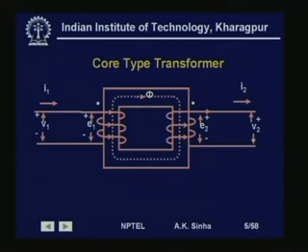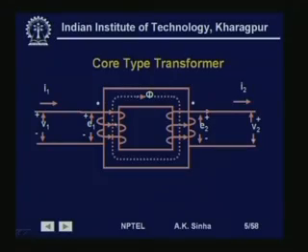So, what we find is the transformers consist of an iron core for providing the path to the magnetic flux, and we have two windings which are linked by the same flux. So, there is a mutual coupling between the two windings by this flux, and because of this mutual flux, which is time varying, we get the voltage.